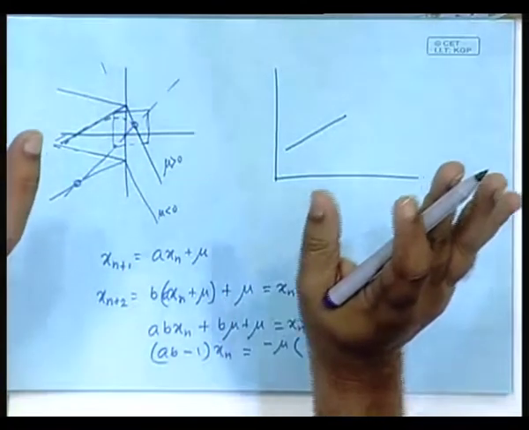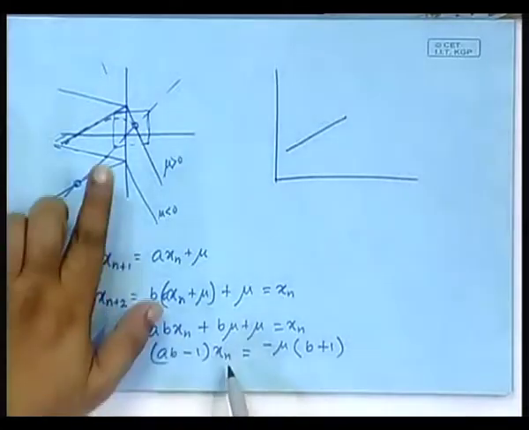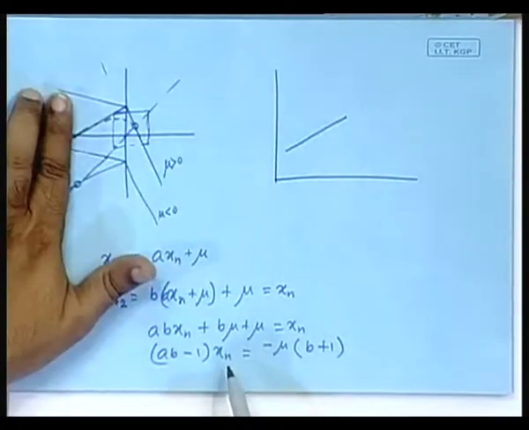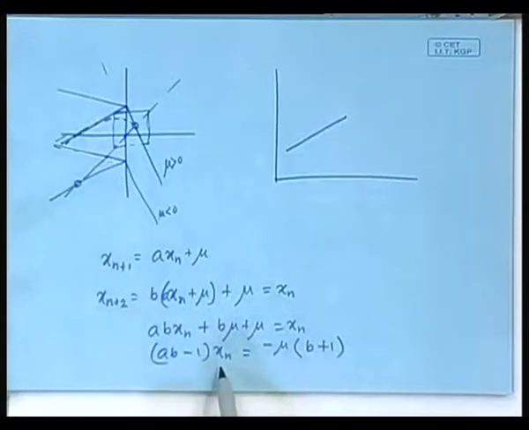No important change will really occur, because here also this will be the fixed point and its slope will be stable. So, there will be no important difference, that is why I am not going into that. But now notice that we had started from a point on the left hand side, went to the right hand side and came back to the left hand side, therefore, x n must be negative. So, this fixed point will exist if the x n value obtained from here is negative.